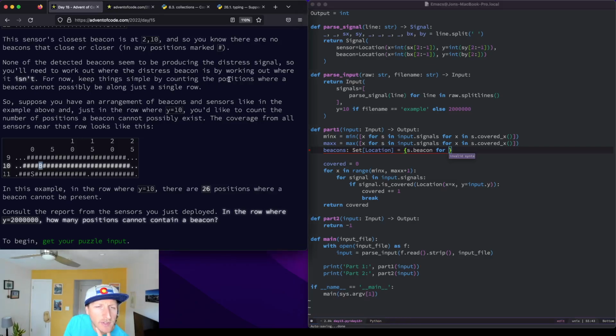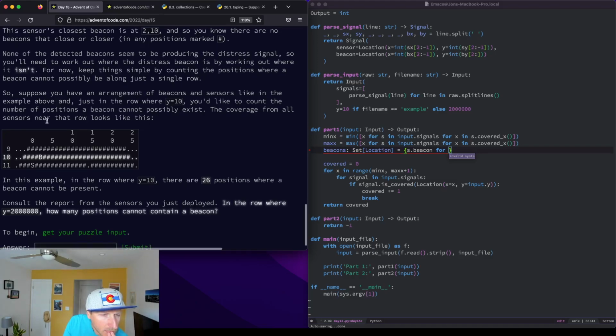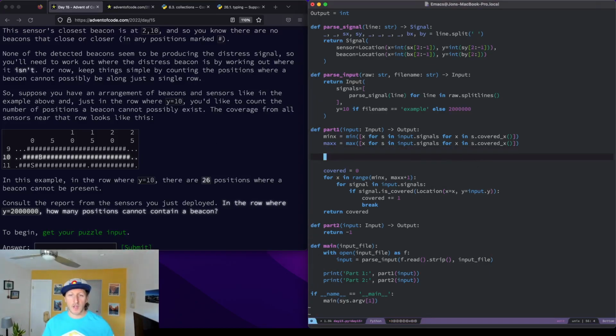Oh, counting the positions where a beacon cannot possibly be. You know what? Let's just do beacons. We'll count signals and beacons on the row.